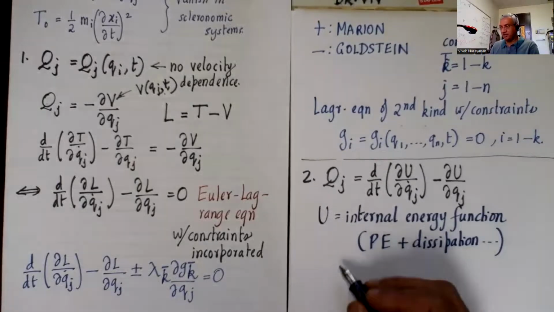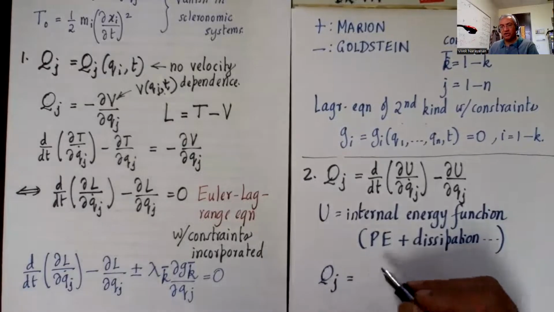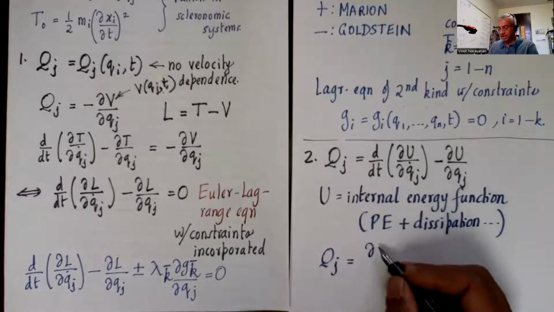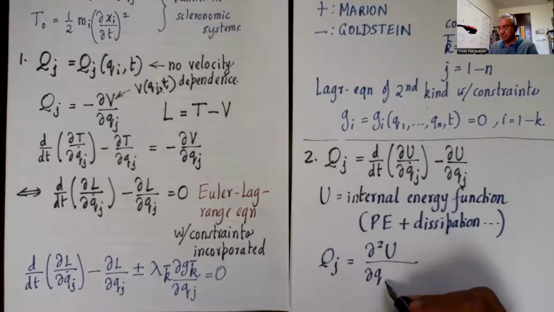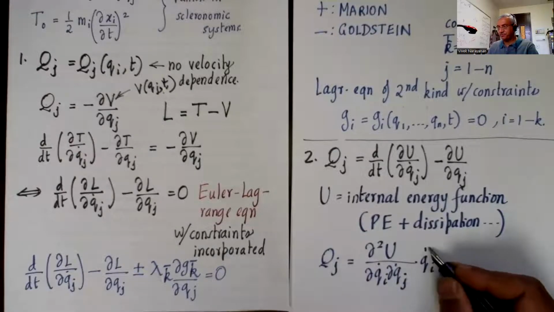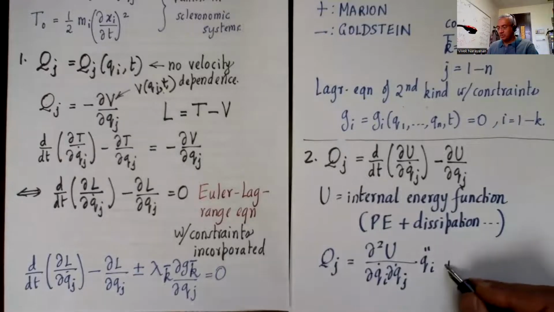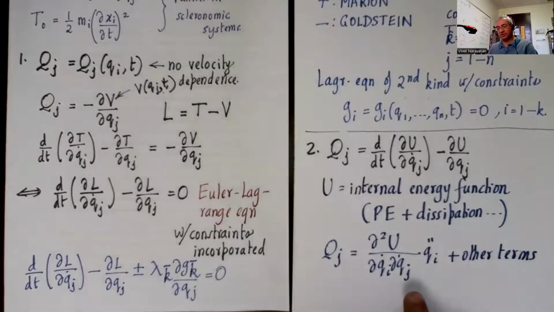So you may think that Qj could have terms quadratic in velocities. For example, it could have things like del u over del qi dot, qj dot, del qj dot, qi double dot, things like that, plus other terms. So we're going to assume, and this is a simplifying assumption, that we don't have terms like this.